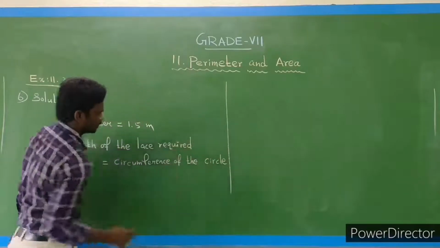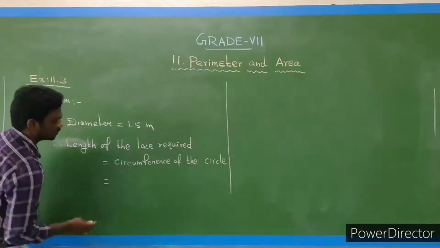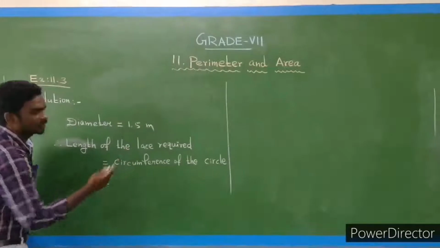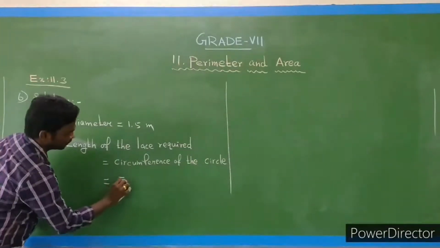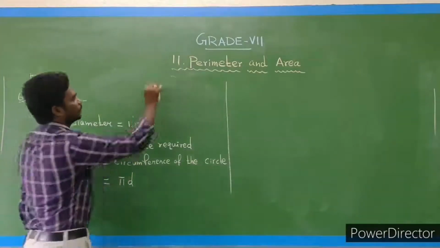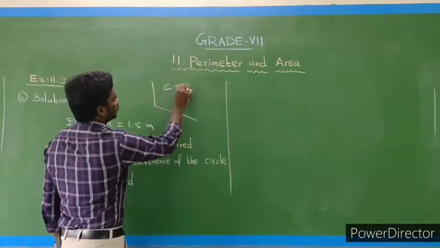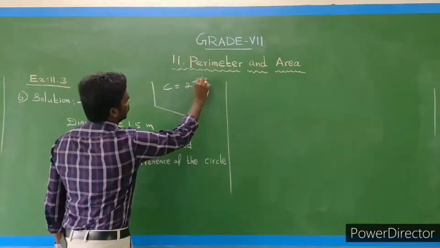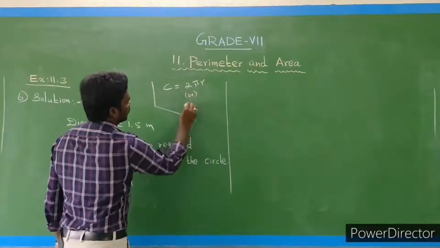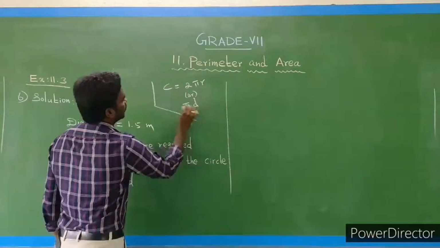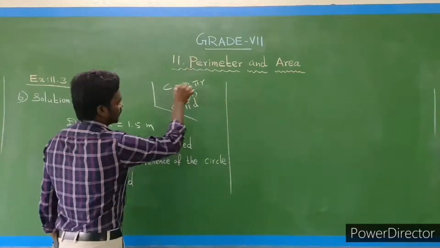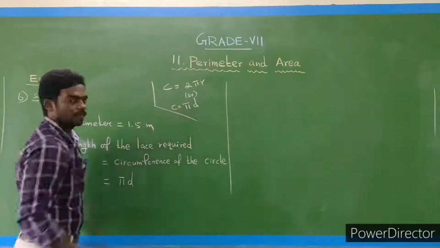What is the formula for circumference of the circle? We know for circumference of a circle we have two formulas: 2 pi r, or pi d.